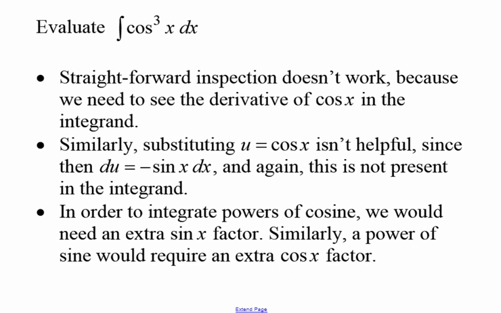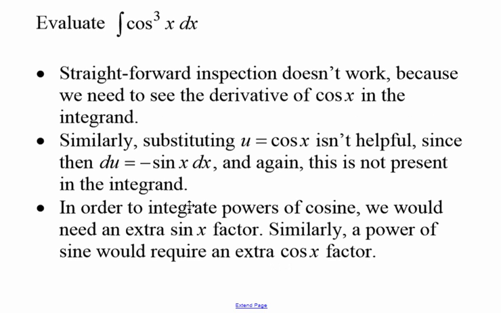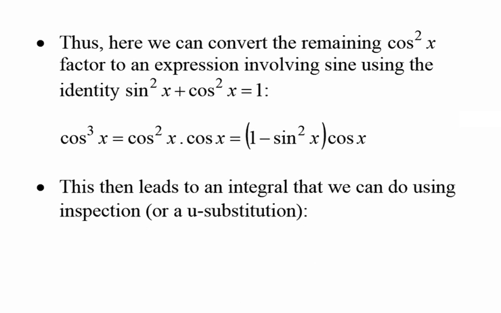So now we need another tool. In order to integrate powers of cosine, we can see here we would need an extra sine x factor. Similarly, if this was a power of sine, we would require an extra cos x factor. So we need to see how we can introduce that. In previous videos, we've looked at some similar examples, but now we're going to make it a little bit more explicit.